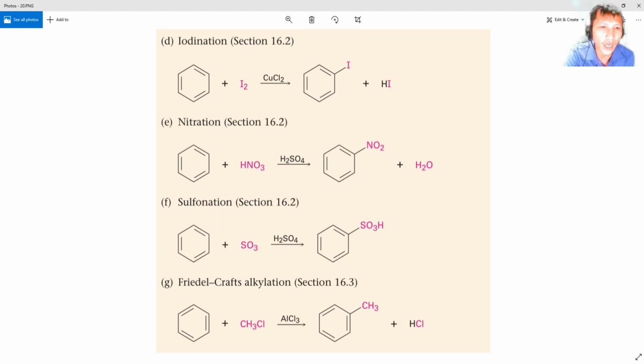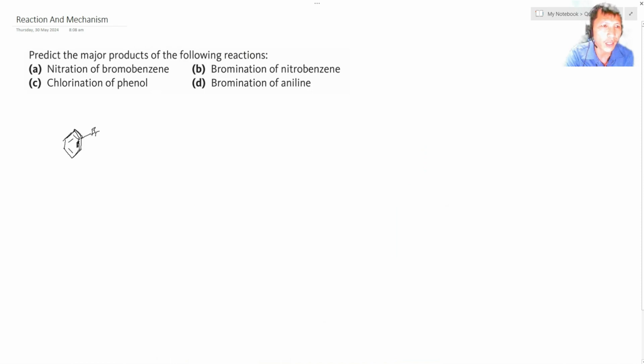If you already have a substituent on your compound, especially benzene, it will usually form how many kinds of products? I think there would be three. One, two, three.